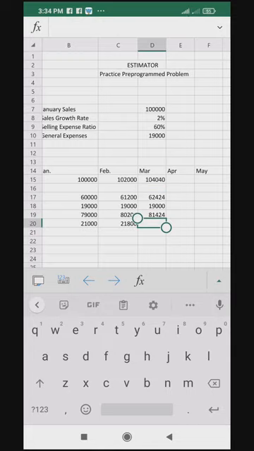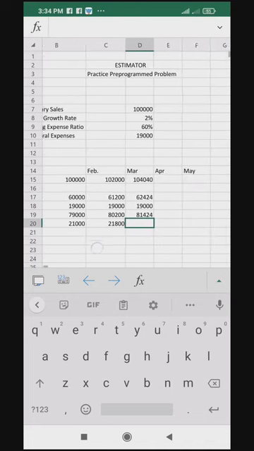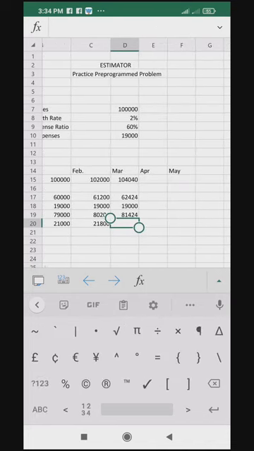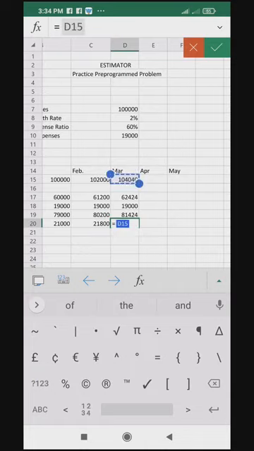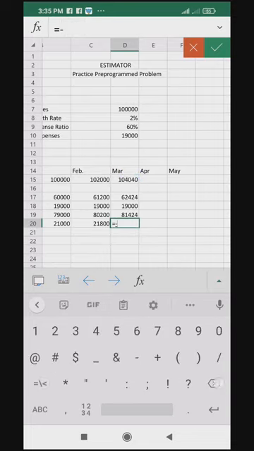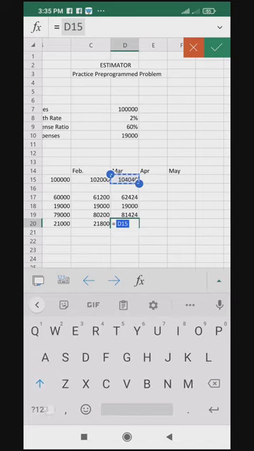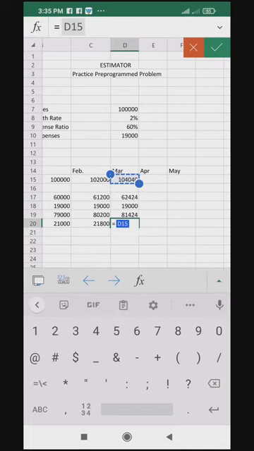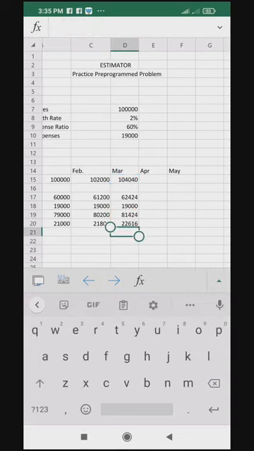And the net income for the month of March is equal to D15, which is the sales, minus D19, or the total expenses, equal to 22,616.